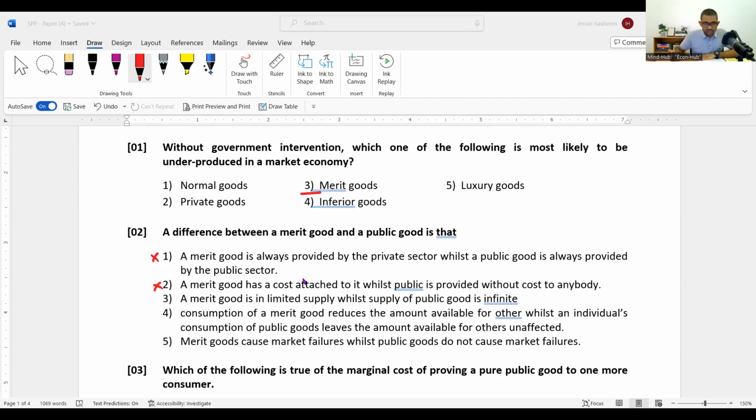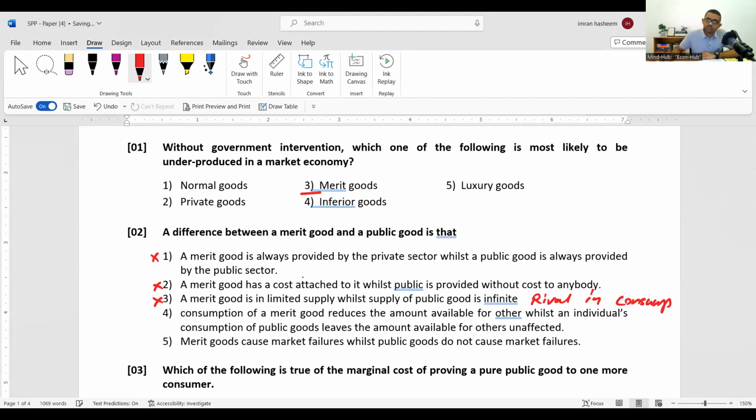Then, these are all incorrect. Number 4, consumption of merit goods reduces the amount available for others. Okay, so basically it's rival in consumption, right?